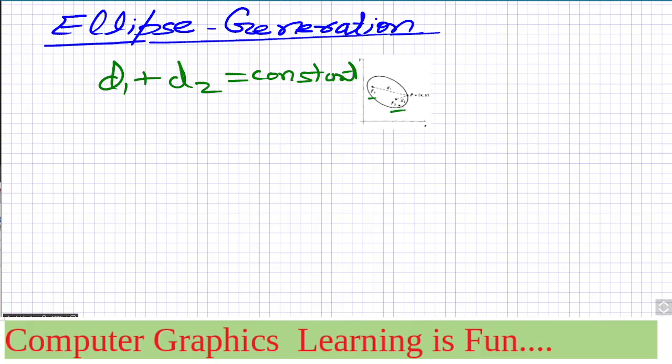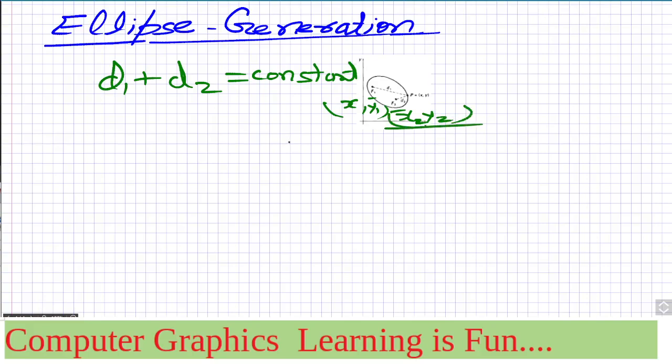Using these coordinate values in terms of x1 y1 and x2 y2, we can write it as an equation. This equation will look something like this. Suppose f1 is x1 y1 and f2 is x2 y2.